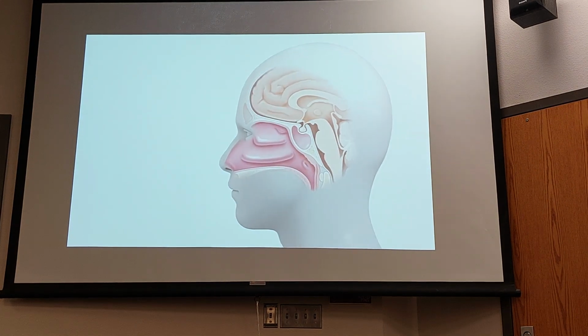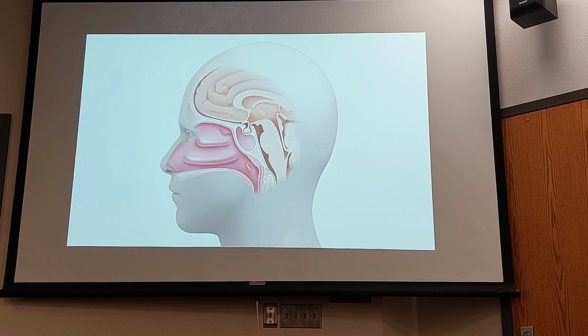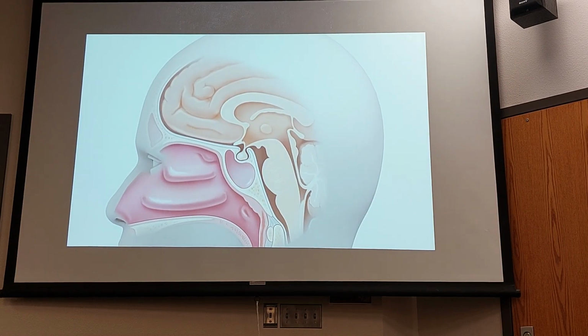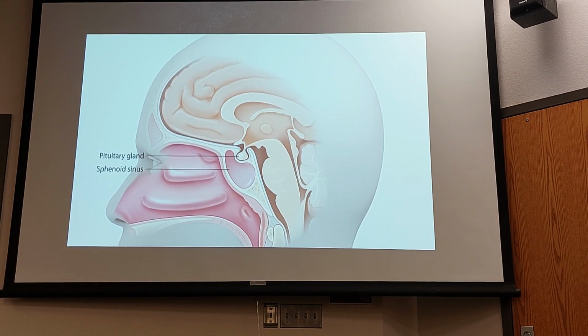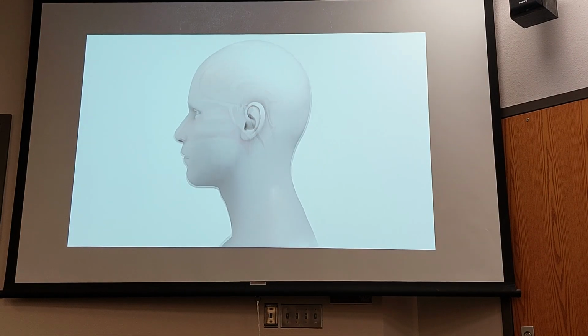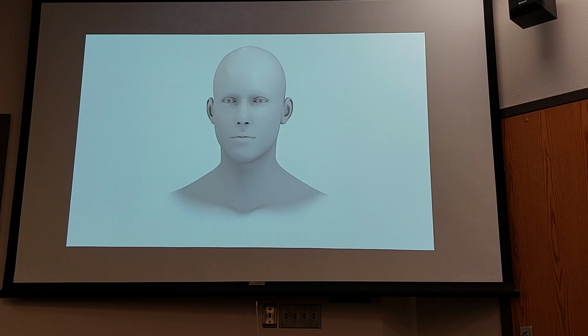Here we can see a side view of the patient's head, and we can identify the location of the pituitary gland at the base of the skull and deep into the nasal cavity. Here we can zoom in and see the relationship of the pituitary gland with the sphenoid sinus, again at the deepest point of the sinonasal cavity and at the base of the skull. We are now going to simulate an endoscopic endonasal approach to the pituitary gland and the base of the skull.